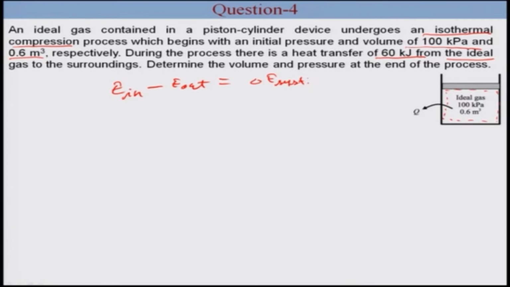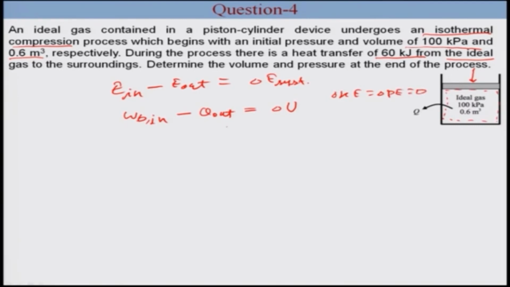Energy in will be from the work done by this piston on the cylinder. That work in is the energy coming inside the system, and since it is losing its energy to the surroundings, that becomes our Q out. Delta E of the system will be the change in internal energy because the system is stationary, so delta KE and delta PE will be 0.